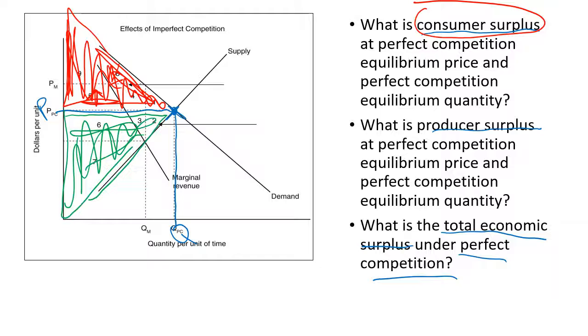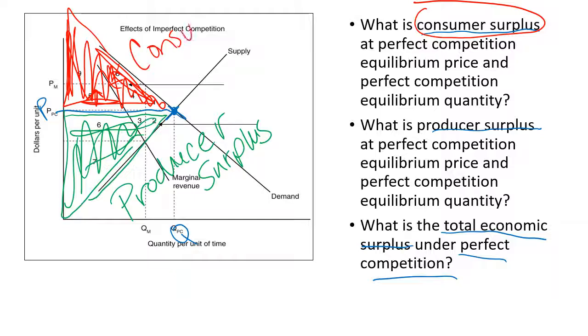So we can see under perfect competition, the producer surplus, and I'm going to write that out. This is the producer surplus. And the consumer surplus, which is up above, is exactly equal. So both the producer and the consumer are benefiting equally as much.